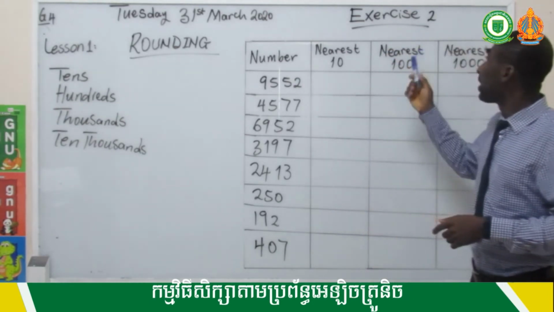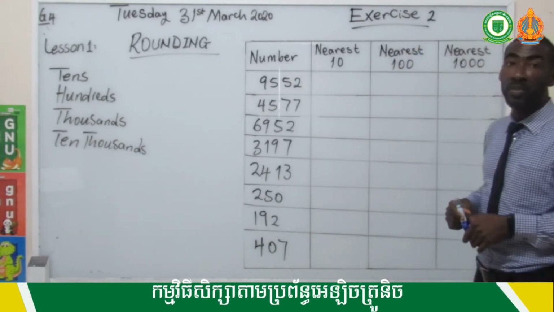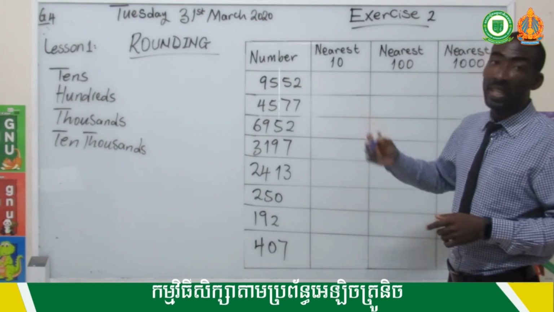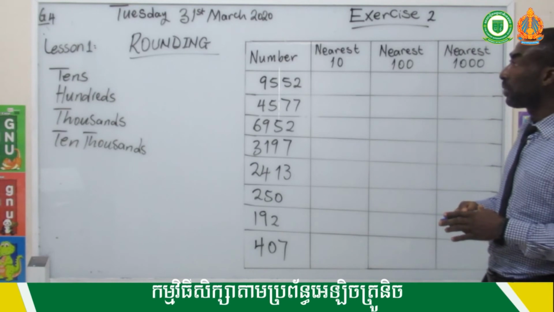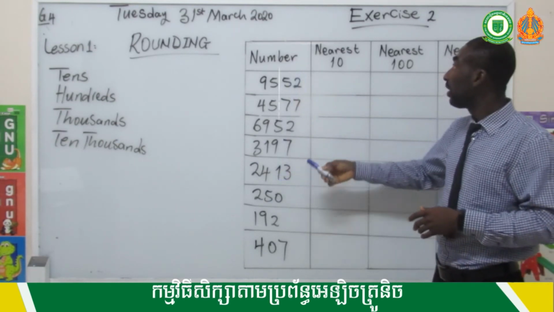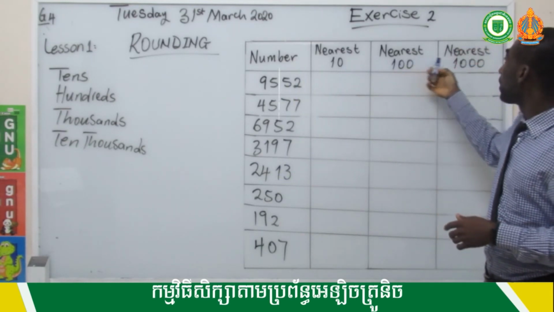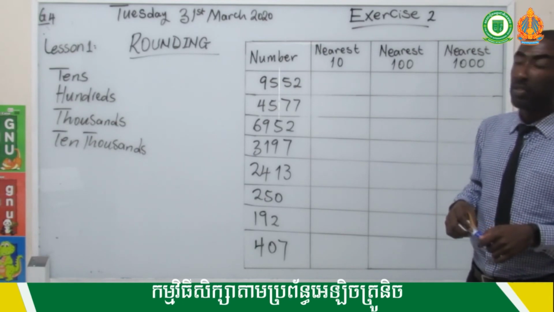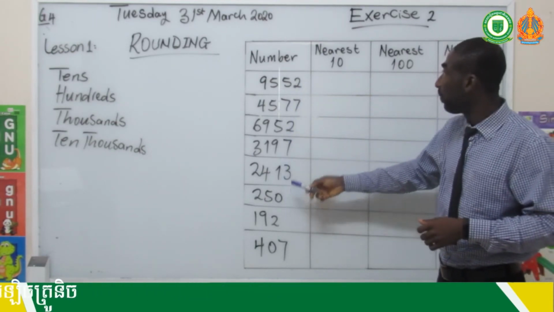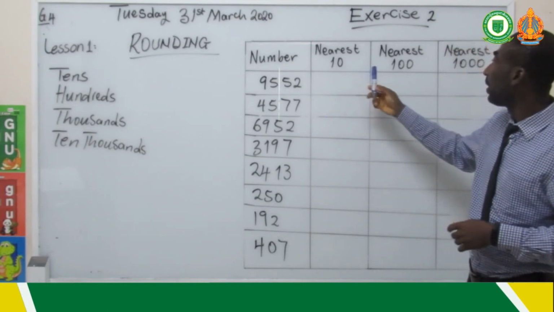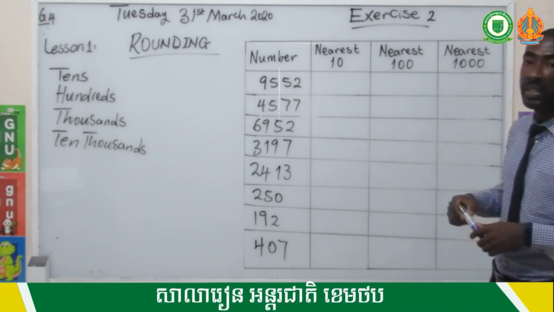We have a second exercise here that we also have to do in order to help us to understand our lessons very well. Over here we have a table that shows our numbers, and then the various round offs that we have to do. We have to round off these numbers first to the nearest 10, 100, and then to the nearest 1,000.